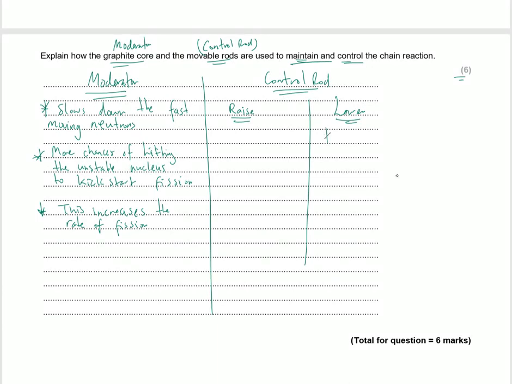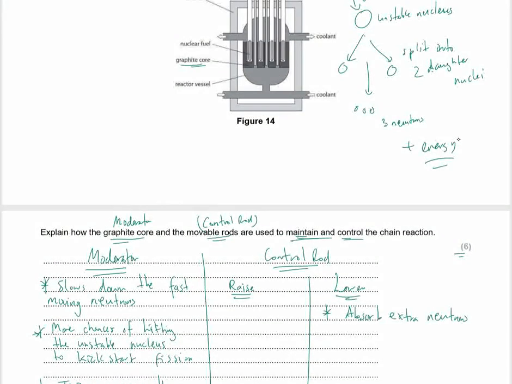Now when we lower it, what does it do? It's going to absorb extra neutrons. If I go back up, here we're getting how many? 3 neutrons, and these 3 neutrons can go and collide with another unstable nucleus.